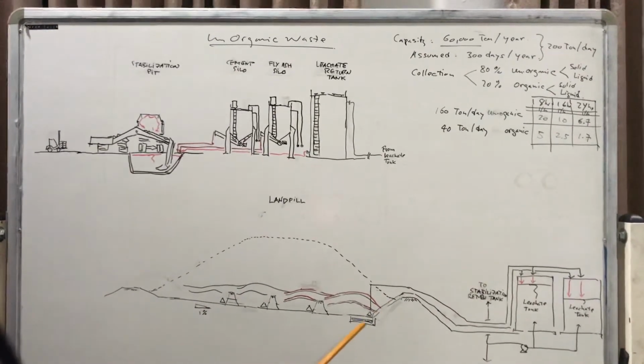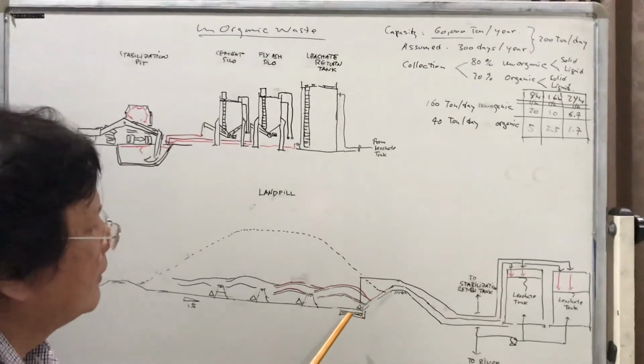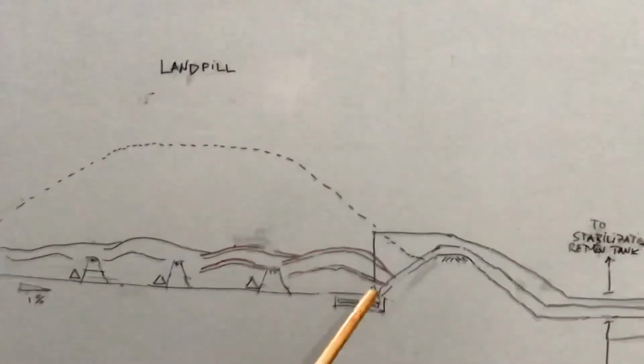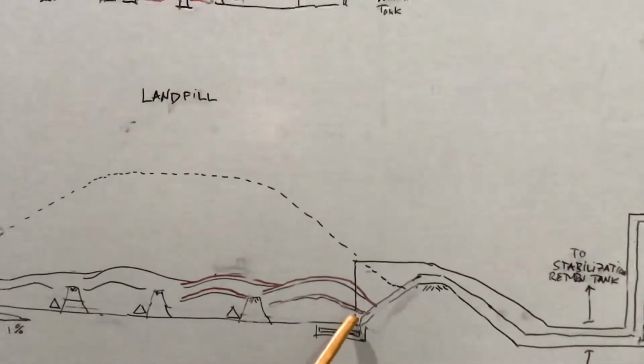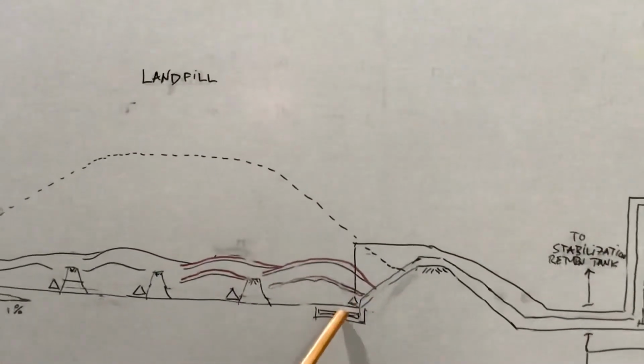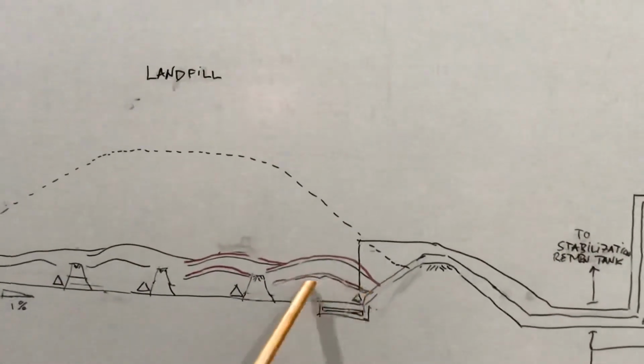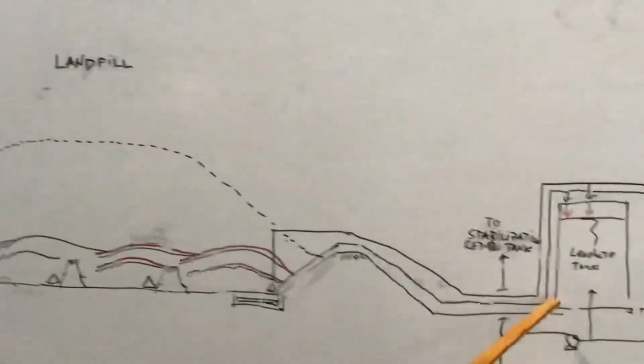So in this landfill, we equip the submersible pump, and this also a pump. This is the surface, and this the underneath. And both waters we transfer to the leach tank.